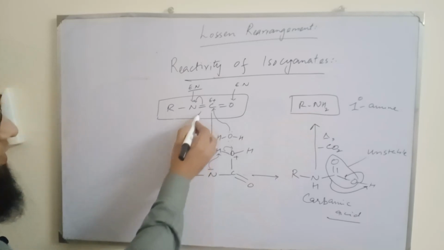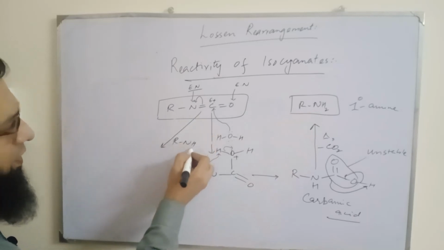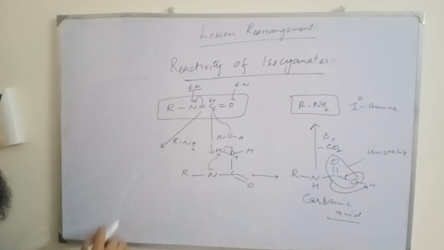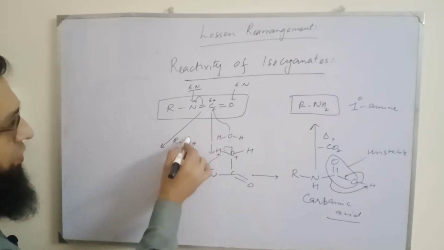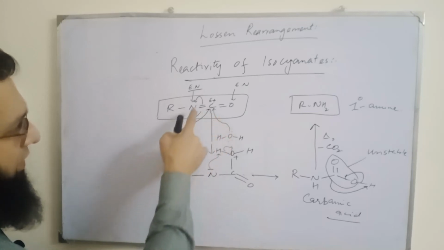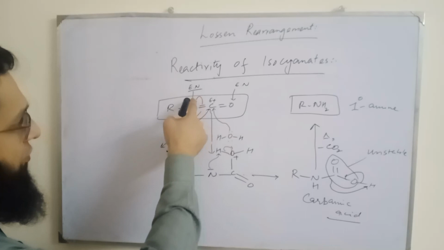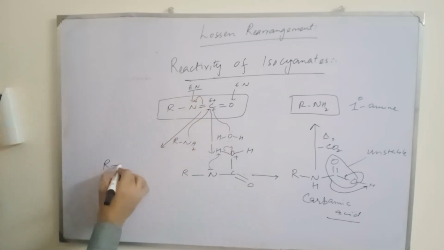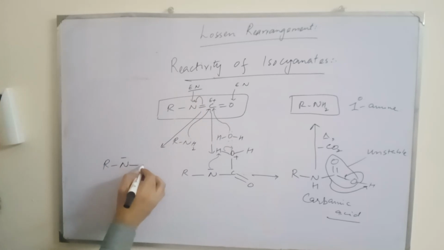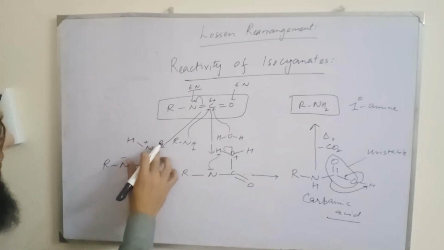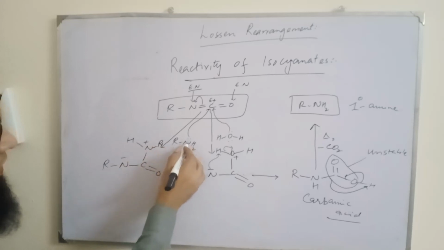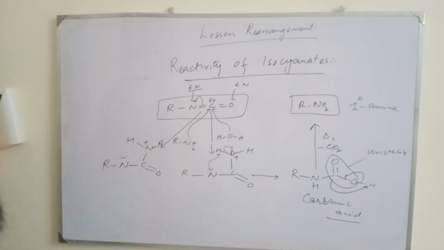And if it is allowed to react with amine, and again in this case nitrogen has lone pair which can act as nucleophile, and it would attack here as well. This bond would shift here and we would get this molecule, because we have nitrogen here which was neutral, and in neutral condition it used its electron pair, the lone pair, to form a bond with this carbon.